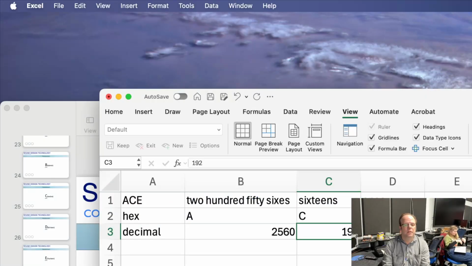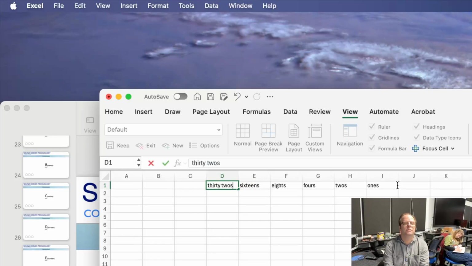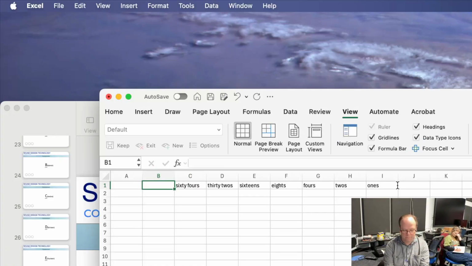You ready? So let's just build all the slots. So we've got 1s, 2s, 4s, 8s, 16s, 32s, 64s, 128s.